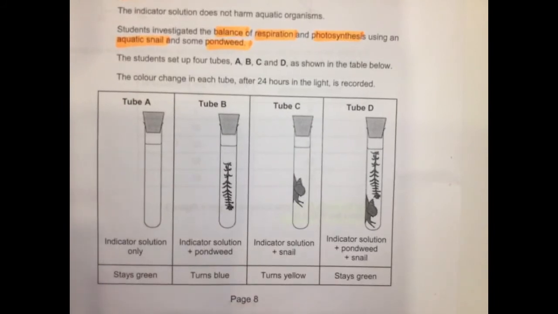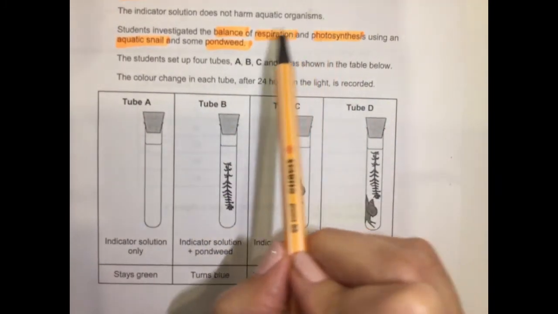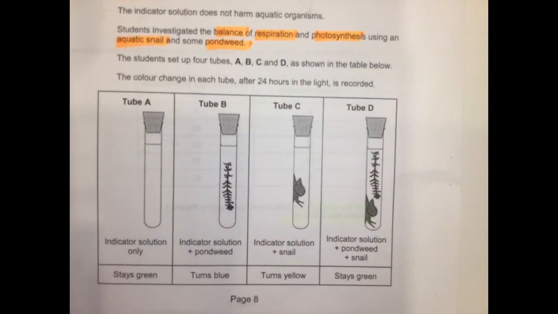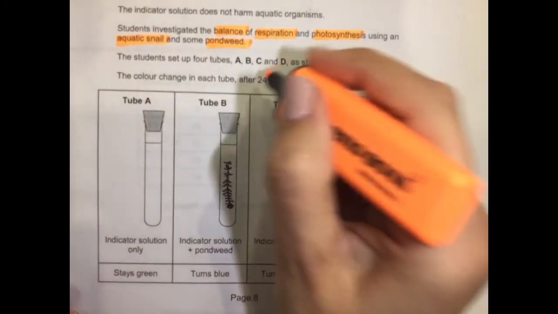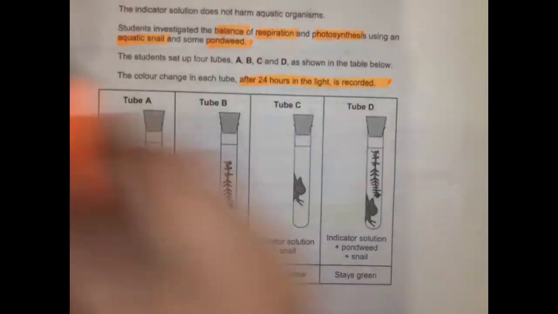Before I even start this, I have a look at what each one of these tubes is doing. Before I even look at the questions, I know it's to do with respiration and photosynthesis. So I'll look for where photosynthesis is occurring. I've got my pondweed. And, really important bit here: after 24 hours in the light.